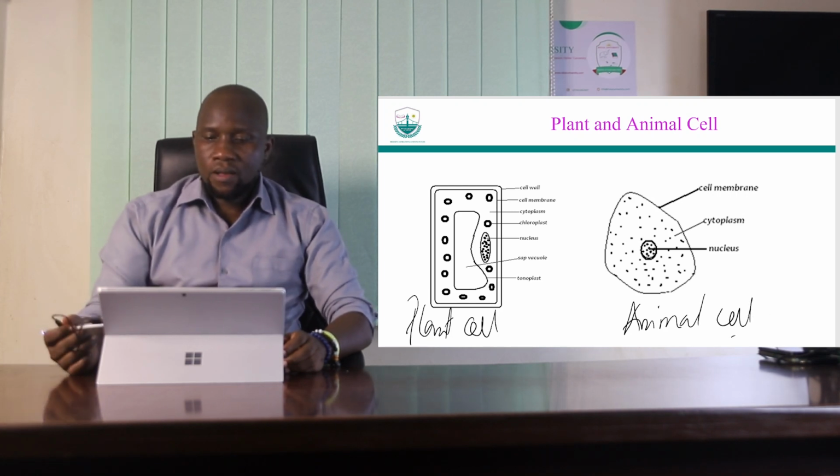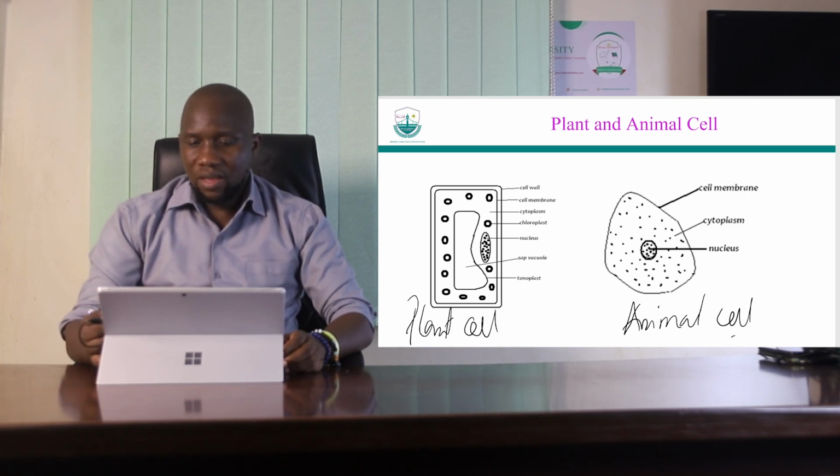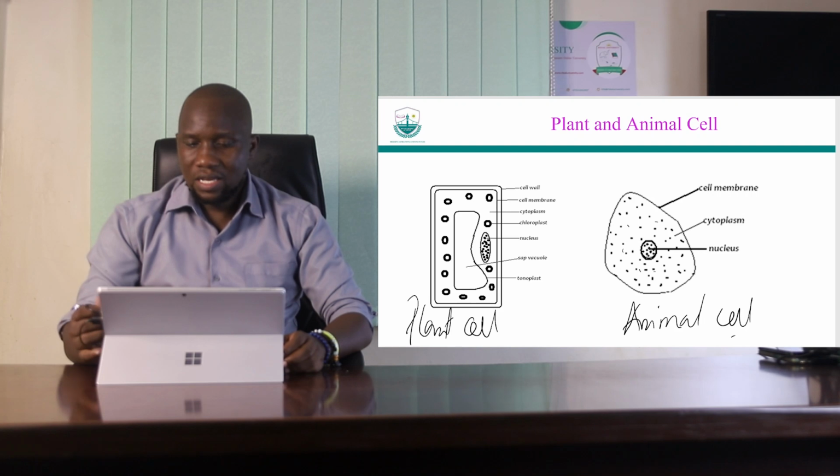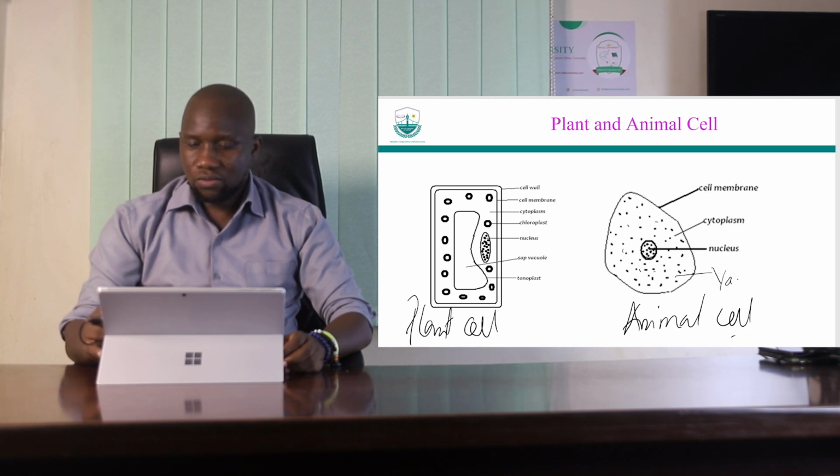The animal cell has a cell membrane, and then there's the cytoplasm, the gel-like substance inside. In the center we have a nucleus, and sometimes we have the vacuole.